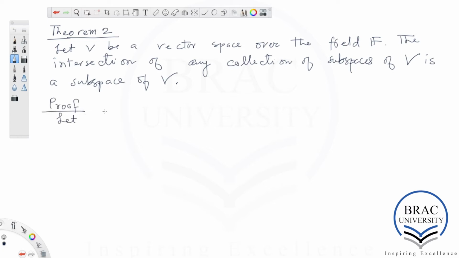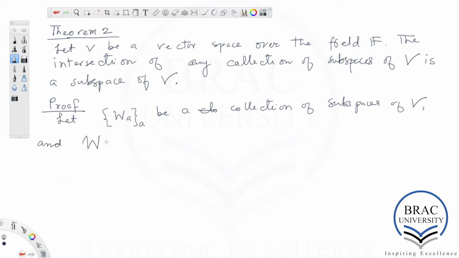Proof. Let WA, where A runs in some index set, be a collection of subspaces of V, and let W equal the intersection of all these subspaces.